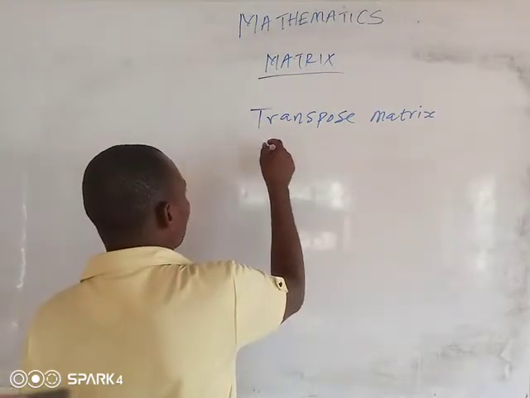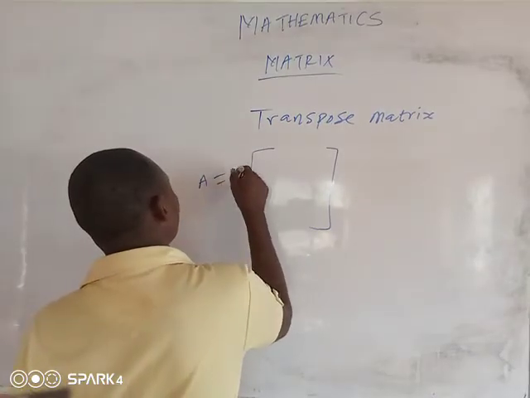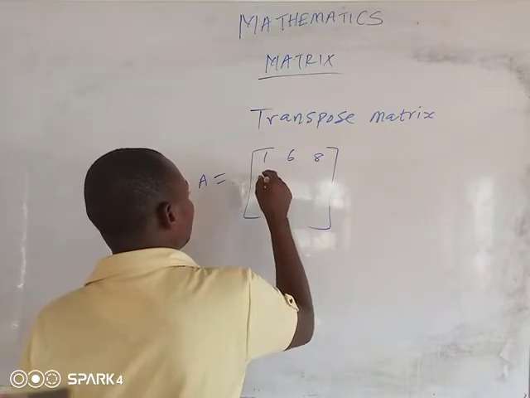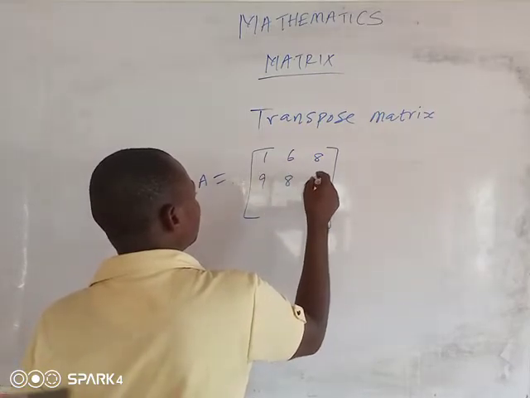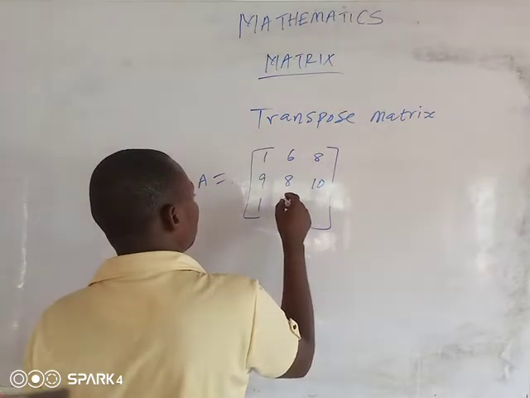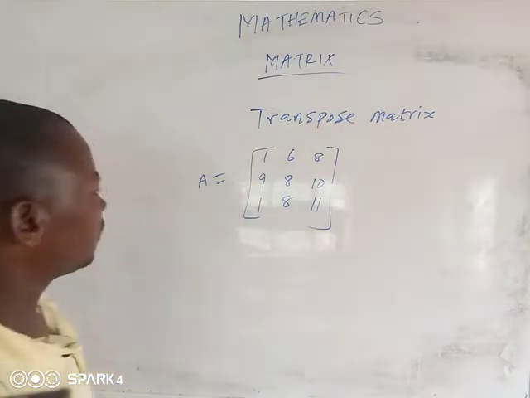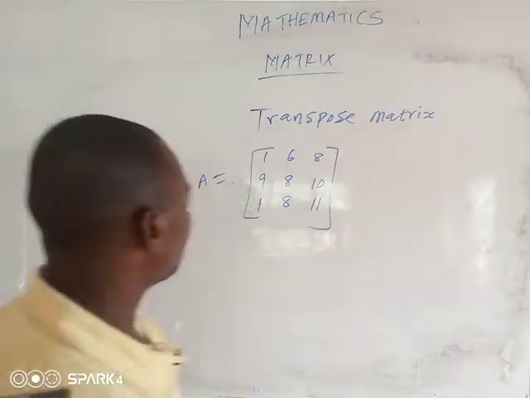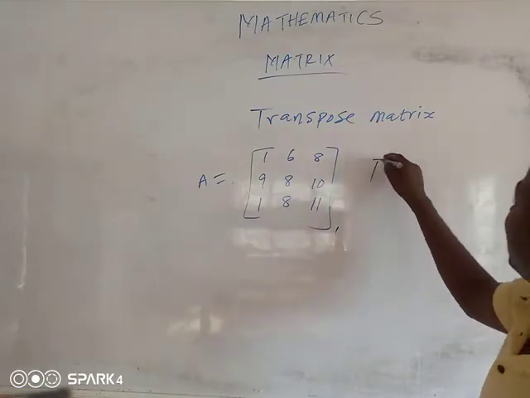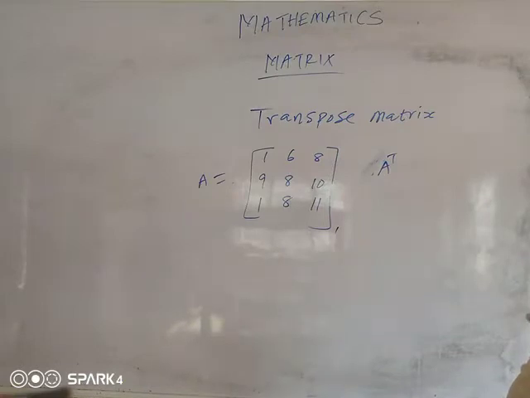So look at this. Let's assume this is called matrix A, and we have 1, 6, 8, 9, 8, 10, 1, 8, 11. Let's assume this is the given matrix. The transpose of a matrix is usually denoted as A^T.